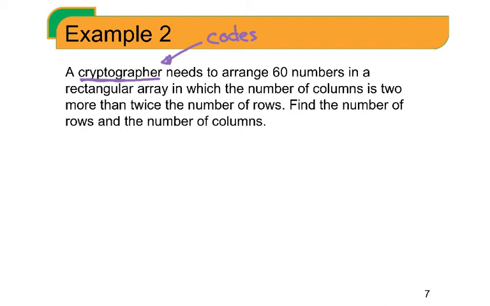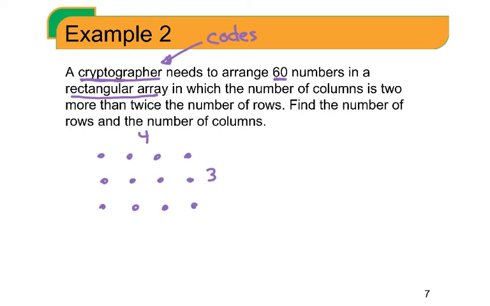This person needs to arrange 60 numbers in a rectangular array. Okay, so we have an array. What is that? That means like this. I'm going to make a rectangular array. This would be a 3 by 4 array of dots.